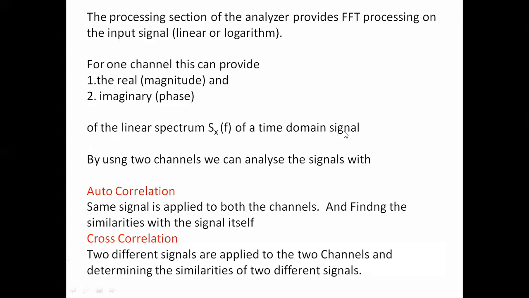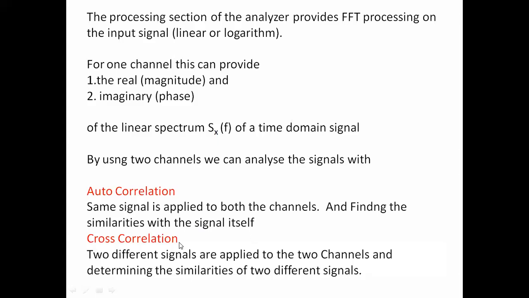By using the two channels, we can also analyze the signals with autocorrelation. The same signal is applied to both channels. In this case, we apply the same signal to channel 1 and channel 2, and find the similarities with the signal itself.